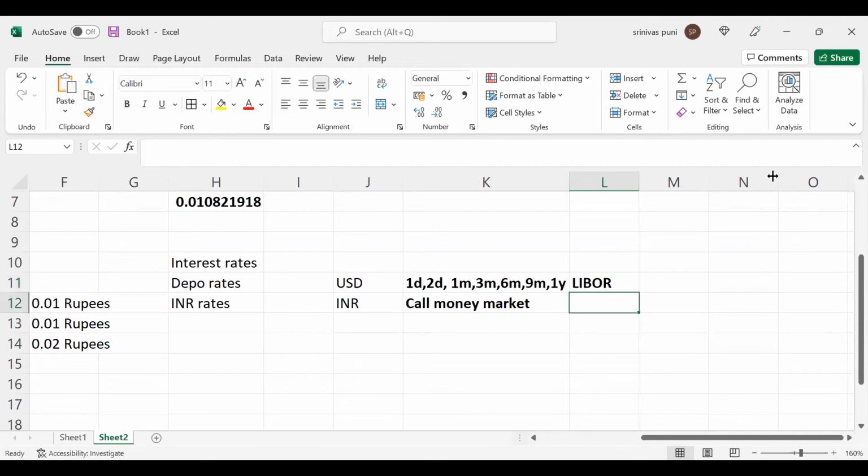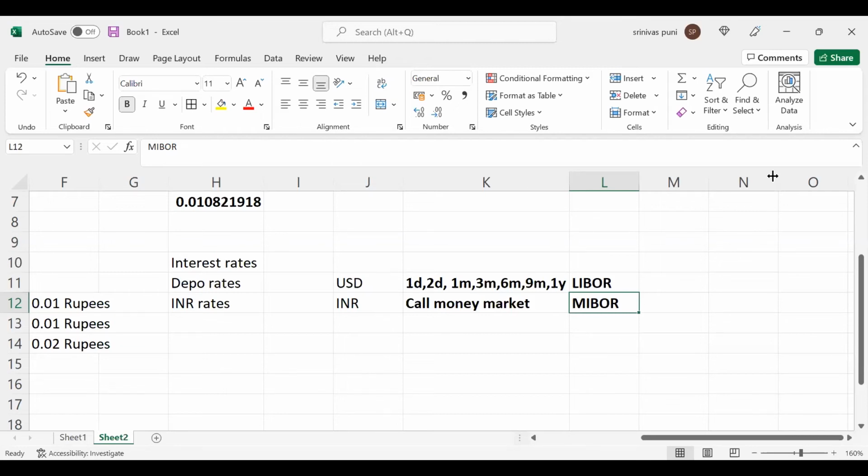But for rupee, the average rate for the day, roughly of all different transactions that are happening, is published by some agencies. It is called MIBOR. MIBOR is the Mumbai Interbank Offer Rate, right? MIBOR is basically the benchmark that is used.